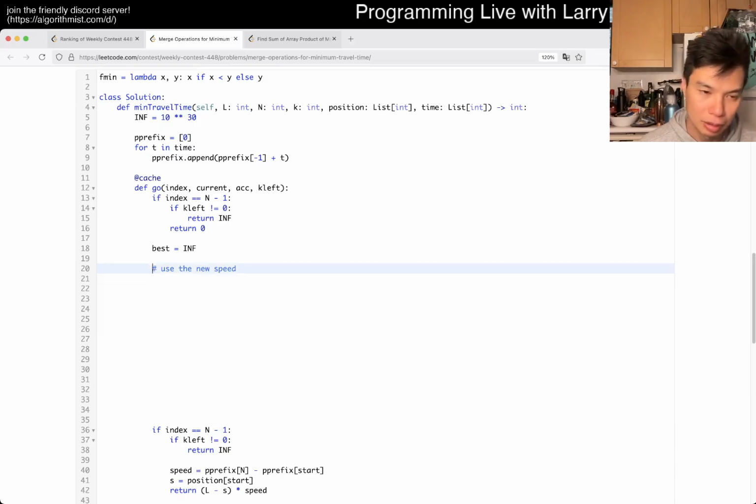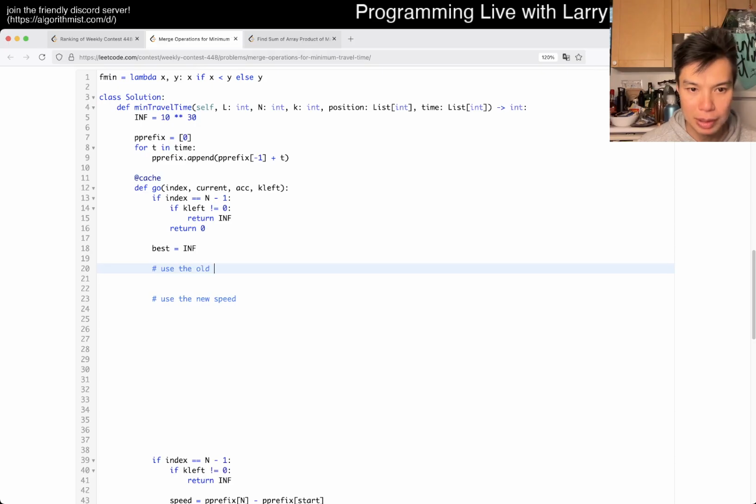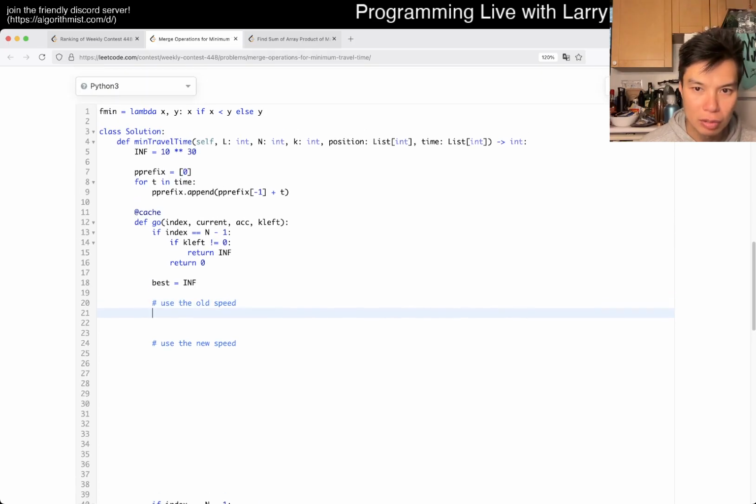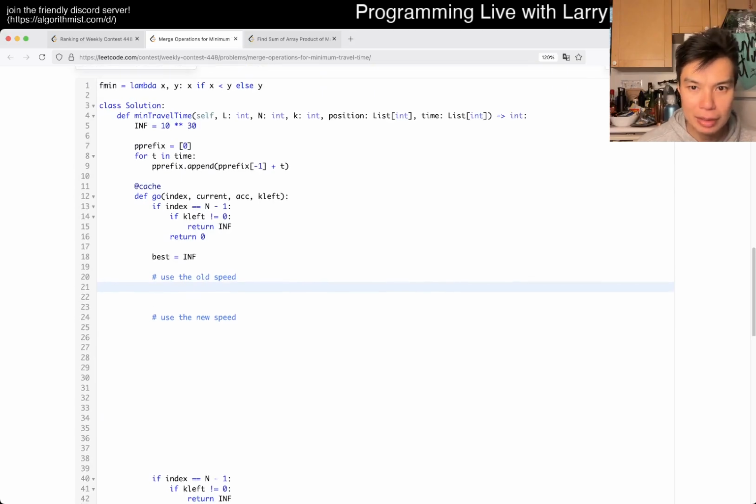Let's just use the old speed, and when we use the old speed, then now we're at, okay, so yeah, we are at position of index, and now we're trying to figure out whether we want to use, so current position, okay, right, and now we want to go to the next position, right?